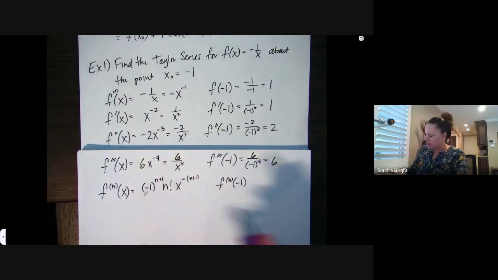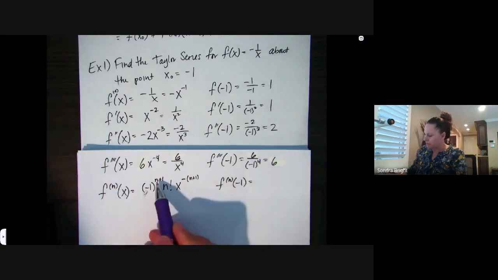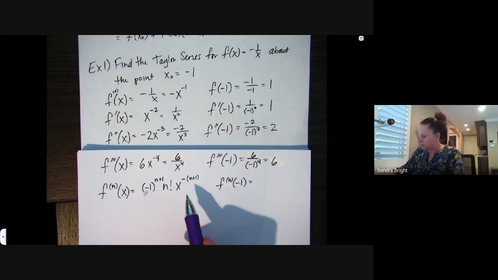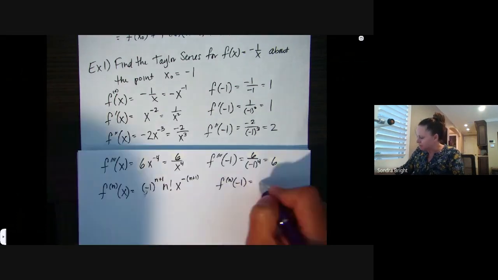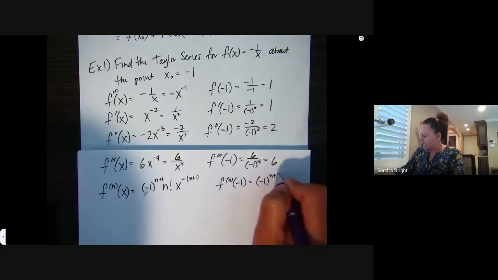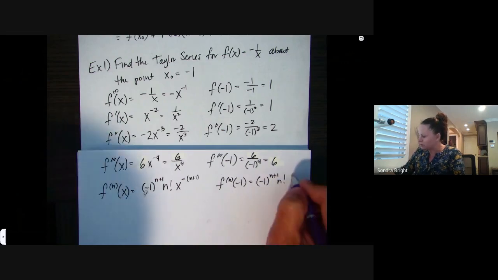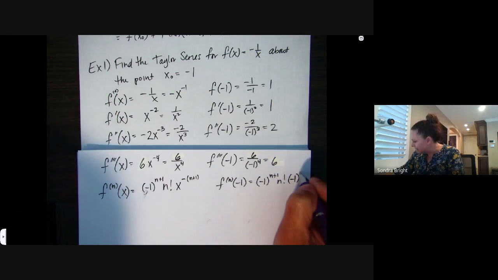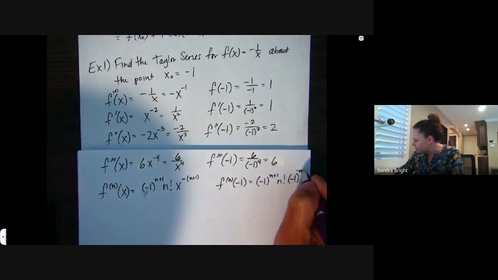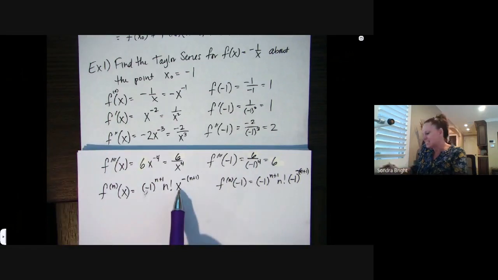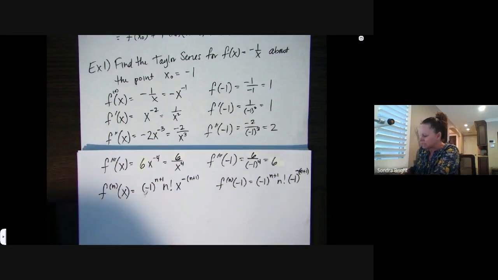And so what would the nth derivative at negative 1 be? Well, you're plugging in the negative 1 into x, right? And so it would be negative 1 to the n plus 1 power, n factorial, and then times a negative 1 to the negative n plus 1. Plugged in just the negative 1 into the x. I know we're mixing x's and n's, but what you're plugging in there is an x.